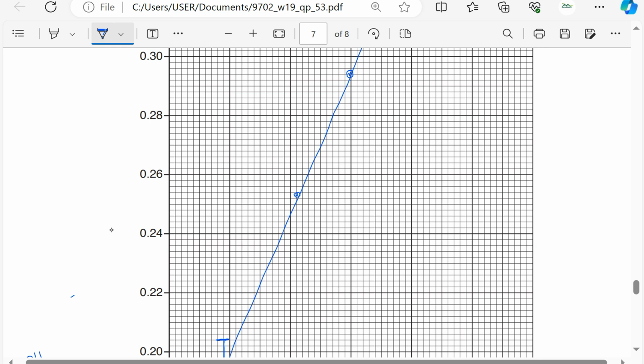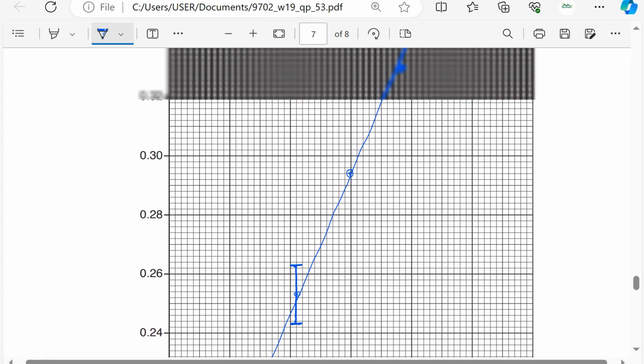Then it stops in the middle of the box because it's 5 above, but remember the point was in the middle. So the other half means the point should be at the center here. Then a half, 1, 2, 3, 4. Then in the middle here it is another half to make it complete. So I will join this point with my ruler. That is the error bar.